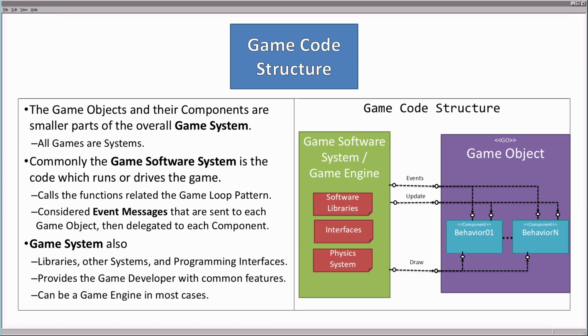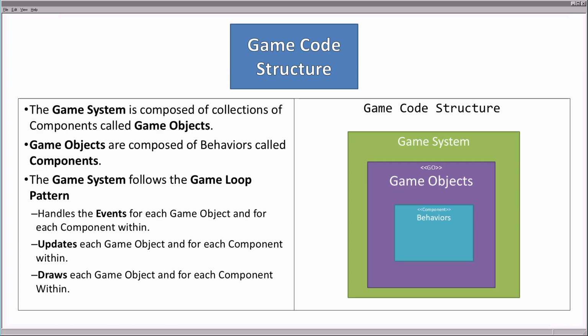In addition to the game loop pattern, the game software system also is composed of libraries, other systems, and programming interfaces. It provides the developer with features commonly found in games, such as user input interfaces, physics systems, and other useful software libraries. The game software system can be a game engine in most cases.